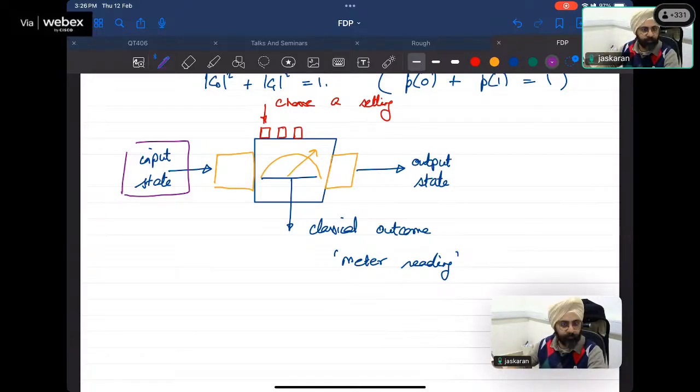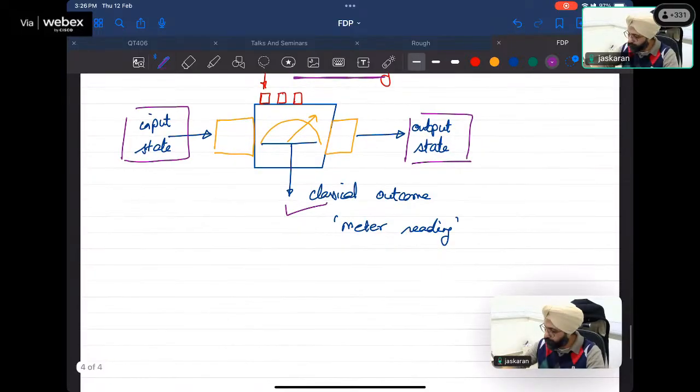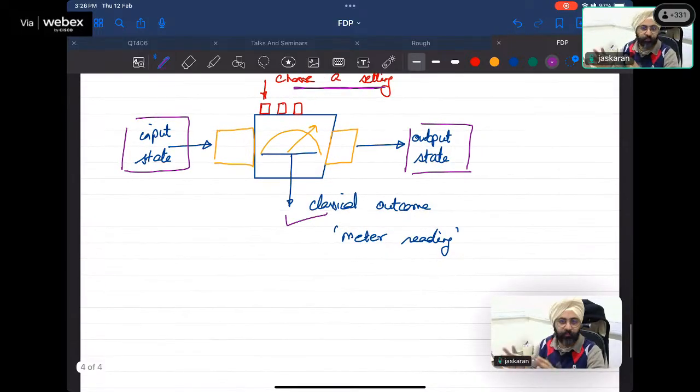Some process is happening, and this process corresponds to a setting that we have chosen. So corresponding to some observable that we want to measure, we have chosen a setting. Something happens in the black box. We get some output state and a classical result. So this is the formalism that we will be using to describe our quantum measurement.